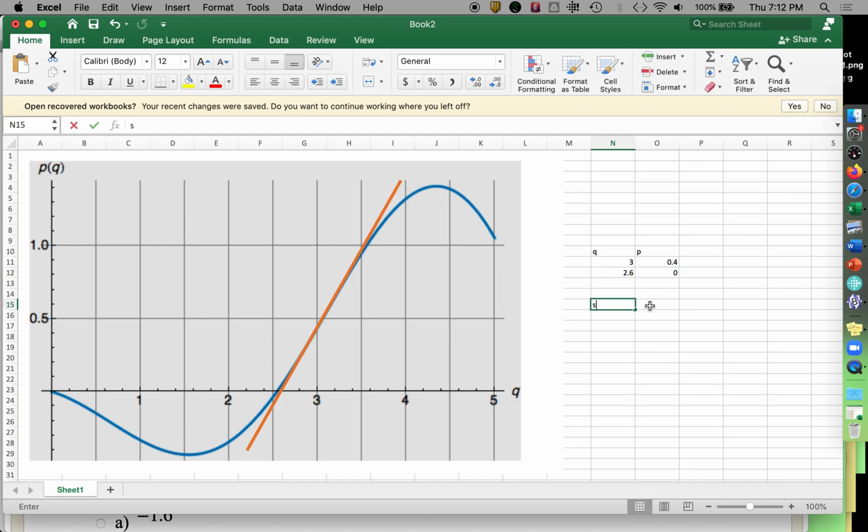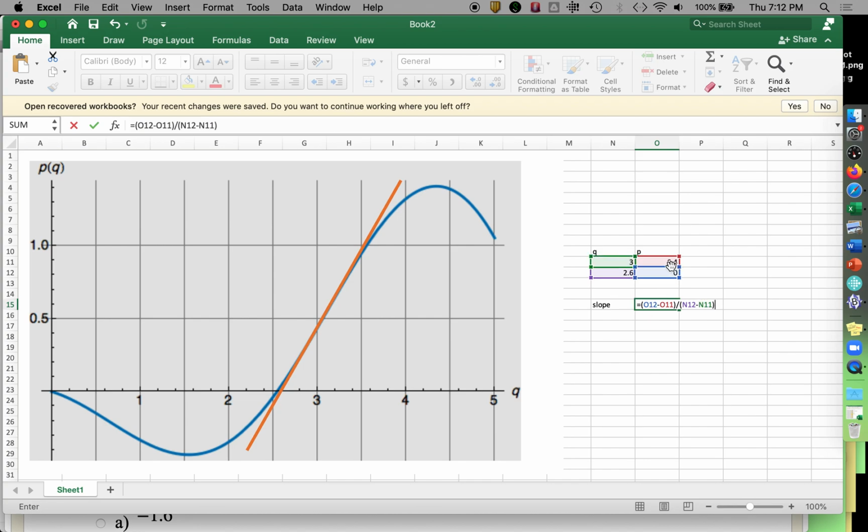Next I just want to figure out the slope, and that should be the derivative. It may not be perfect with what is listed, but hopefully it'll be close enough. I'm doing the p's on the top because p is the vertical axis, subtracted, and then divided by the q's subtracted on the bottom.